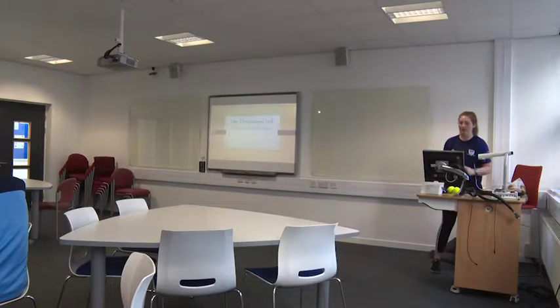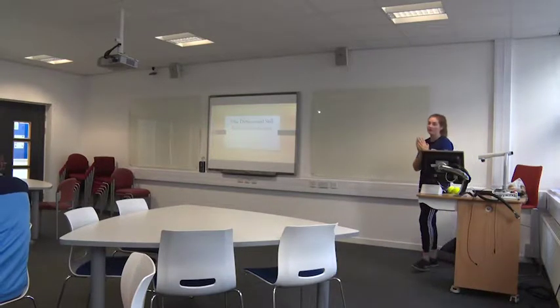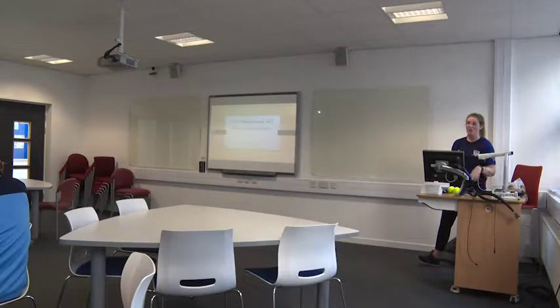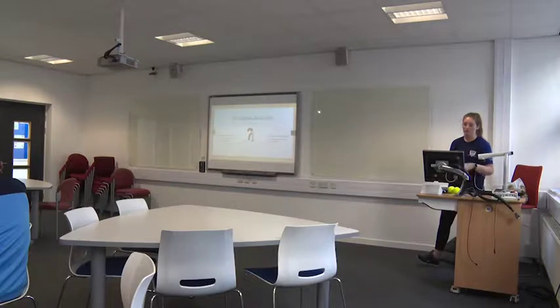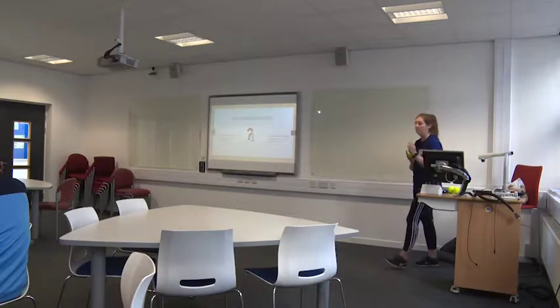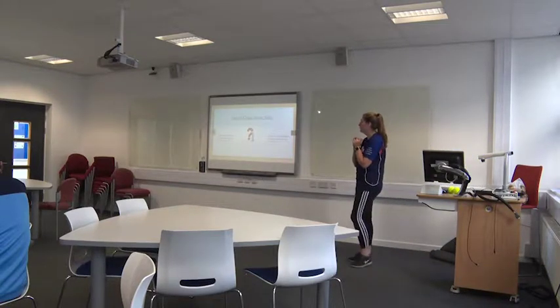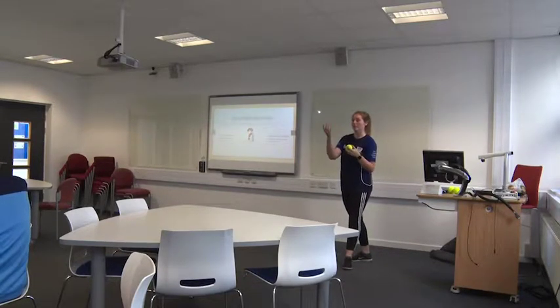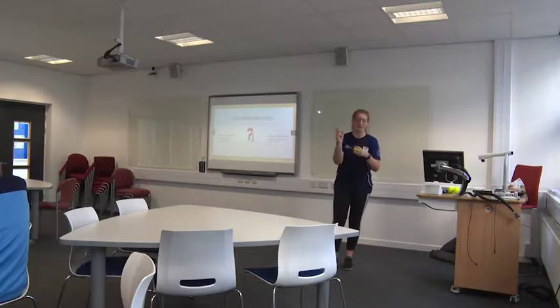Okay, good. Now we're going to look at the one-dimensional skill classification system. You touched on this yesterday, so I'll quickly fly over it. The first one is fine versus gross motor skills. Fine motor skills only use the smaller muscle groups, for example throwing a dart, because it's only your hands and fingers being used.